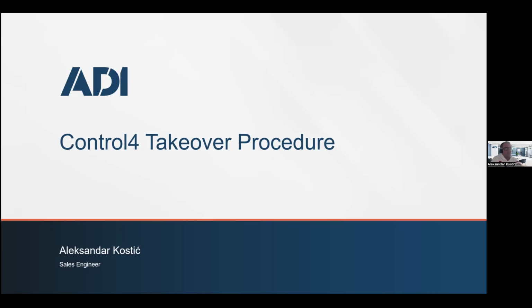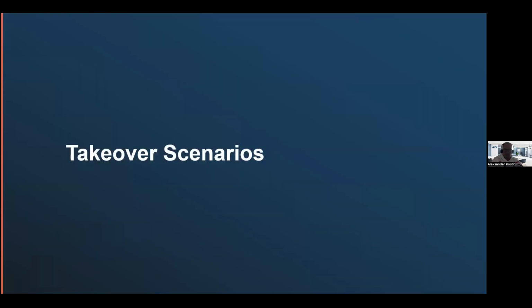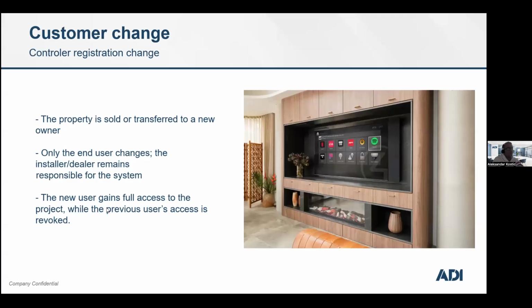So let's start first to see what scenarios we have, like potential change of the project ownership from the dealer side or the customer side. First of all, the first scenario is the simplest one, and that is the scenario where we do not change the dealer of record.